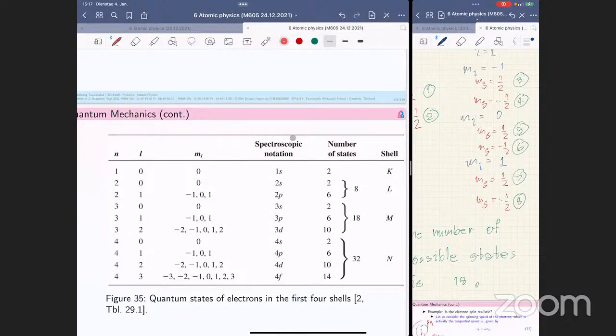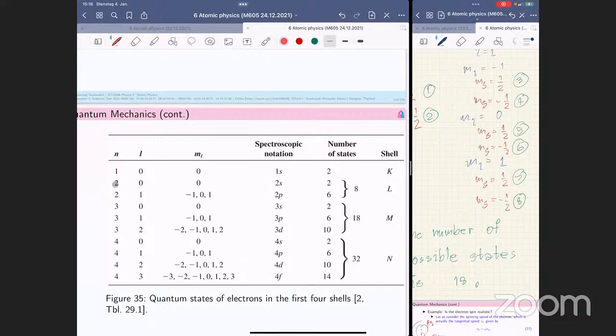This notation is called spectroscopic, and it's 1s. It's 1s because n is equal to 1 and the subshell is s, right? L is 0.